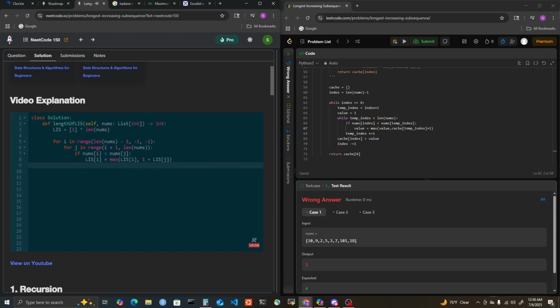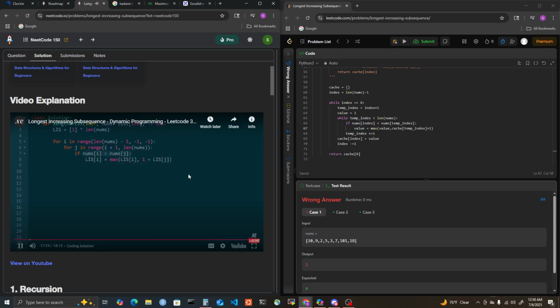We made sure to evaluate that it's an increasing order. We did it backwards. We made sure to cache the repeated work.